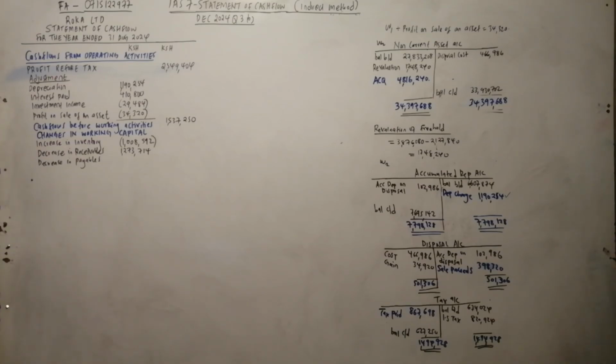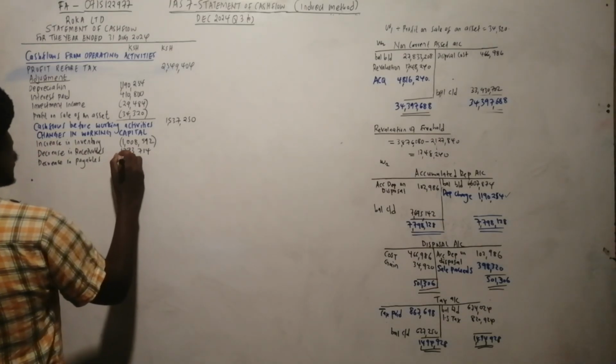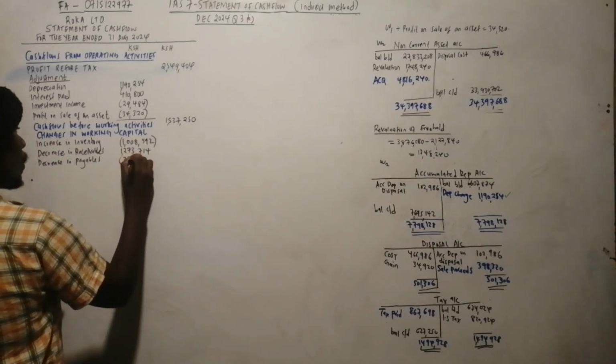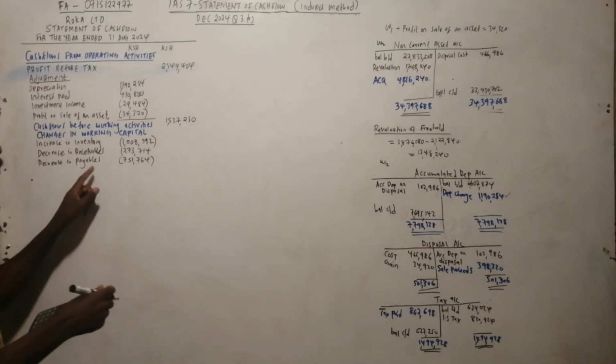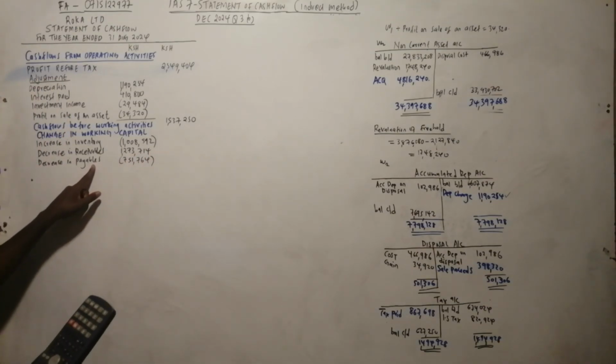Ilikuwa 5694,624 ika reduce back 4942,860. So kumaanisha 751,764. So we have paid.